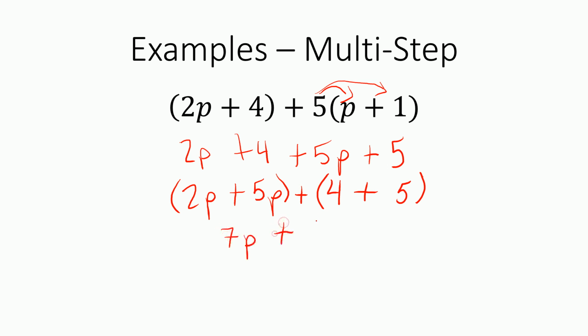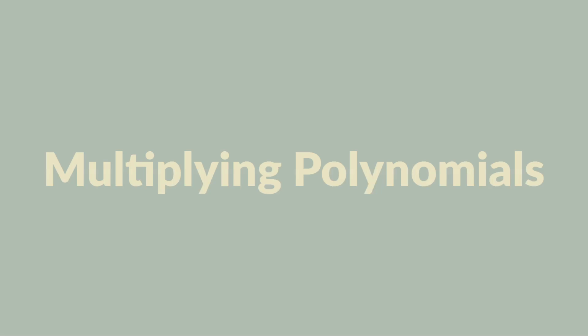And then 4 plus 5 is 9. So our simplified expression is 7p plus 9. And it took us a few steps, took us 3 steps. And if you want to technically add the parentheses, you could call it a 4th step. But it took us a few steps to get to this point.